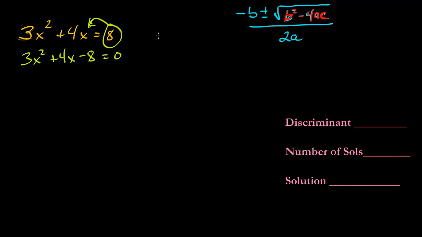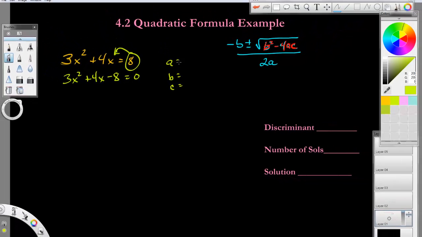So that when you find your a, b, and c, remember the standard form is ax squared plus bx plus c equals 0. That's the standard form of a quadratic equation. Or second degree, it means the highest thing's a 2. But this a would be 3, b would be positive 4, and c would be negative 8.